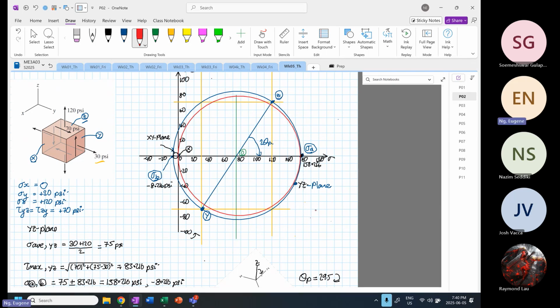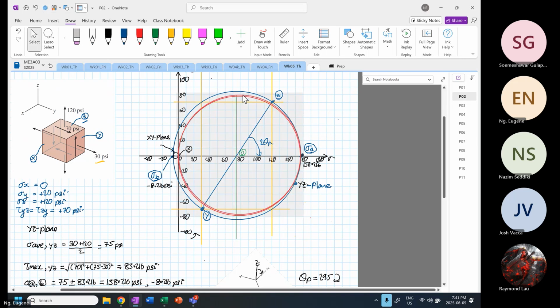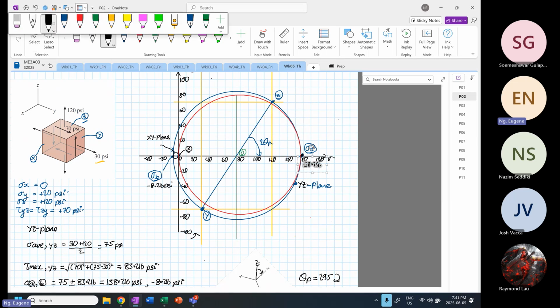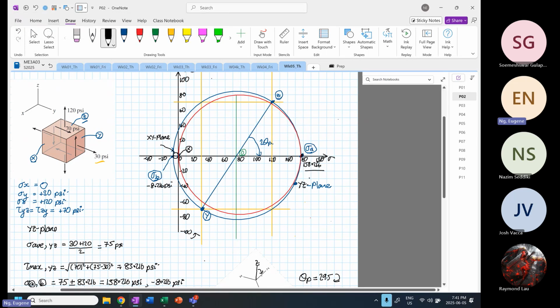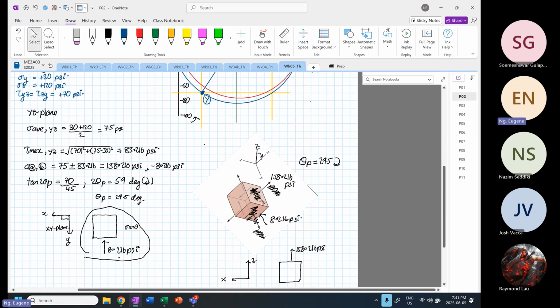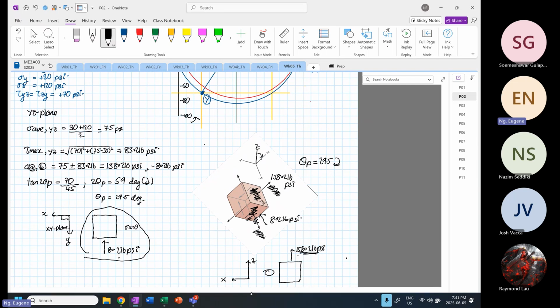So now this circle over here, I'm going to move it slightly. As you can see, one point is at 158.216. The other point is where it is at 0. So 158.216, and over here is equal to 0.